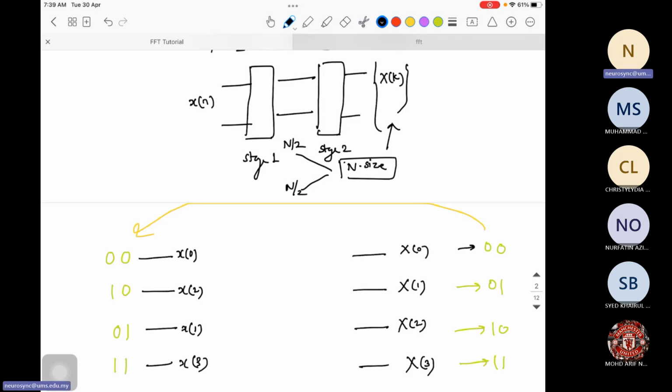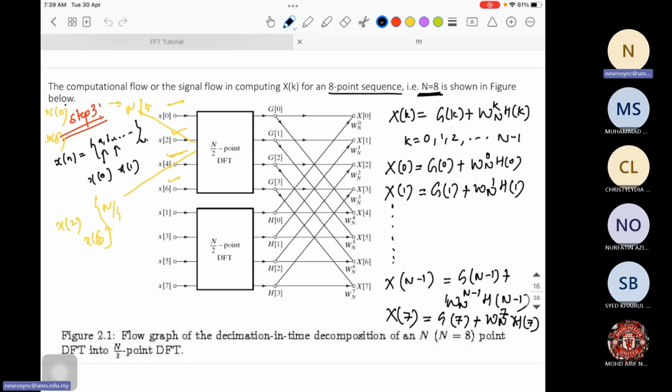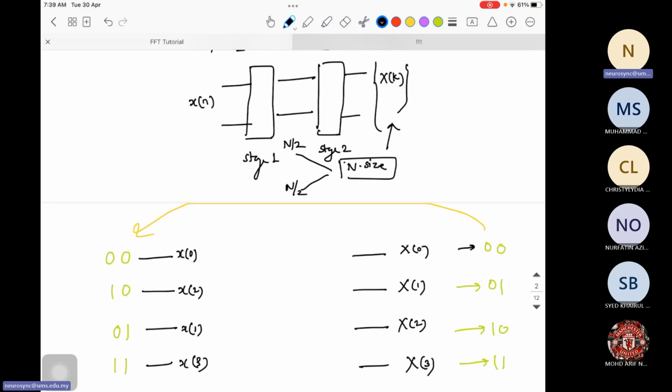Now this DFT we will divide into two N by 2 point DFTs. The N by 2 point DFT here, this is N by 2 DFT and this is N by 2 DFT. Now in our case N is equal to 4, therefore 4 by 2 means 2.